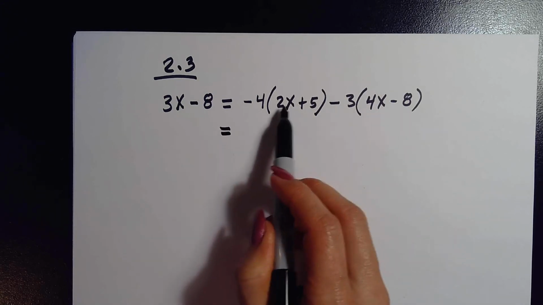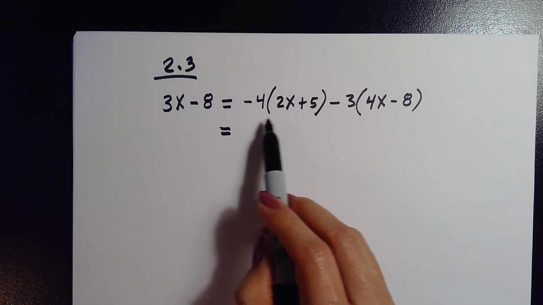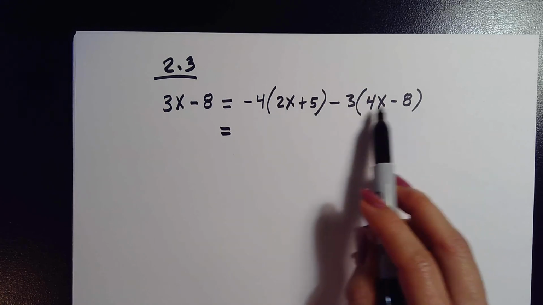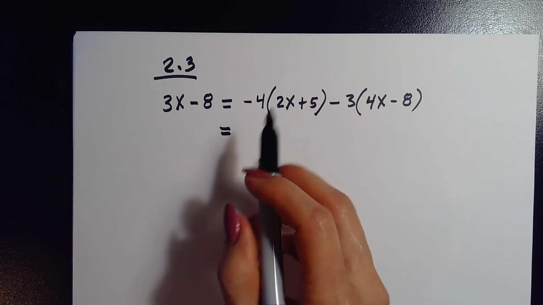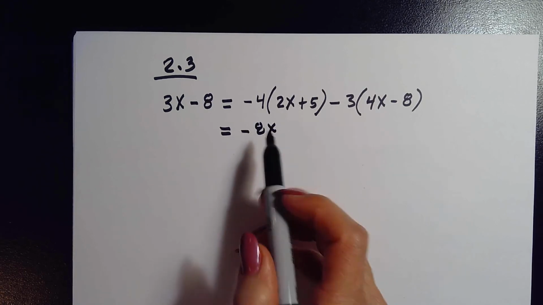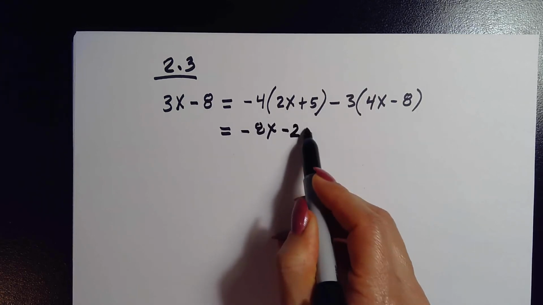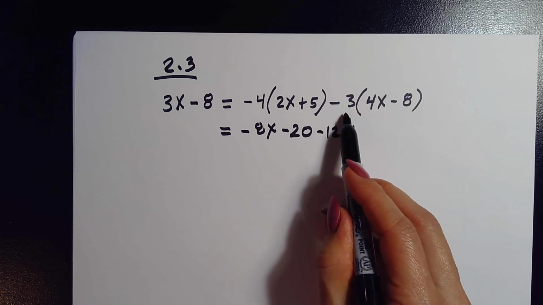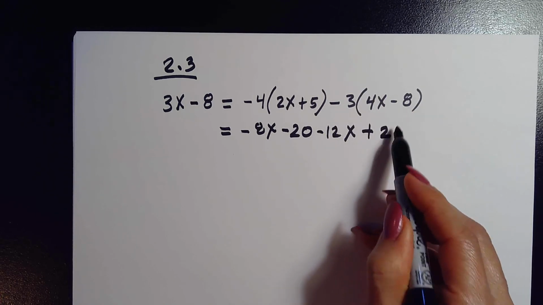So let's get rid of these parentheses. So you're going to multiply every term inside the parentheses by negative 4 and every term inside this parentheses by negative 3. Negative 4 times 2x equals negative 8x. Negative 4 times 5 equals negative 20. Negative 3 times 4x equals negative 12x. Negative 3 times negative 8, positive 24.